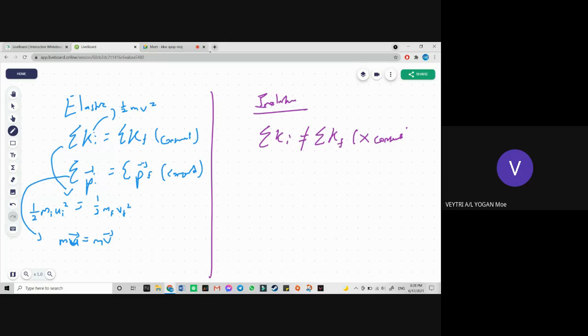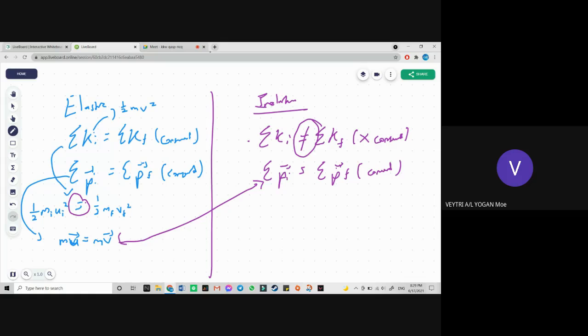Jadi you cannot be using this formula yang ini equals ni untuk inelastic. Kenapa? It's clearly stated inelastic is not equal initial kinetic energy and final kinetic energy. Next, it's stated very clearly that the momentum is conserved. Maksudnya you can use, it's conserved, okay? Conserved. Maksudnya you can use the same thing for inelastic collision.